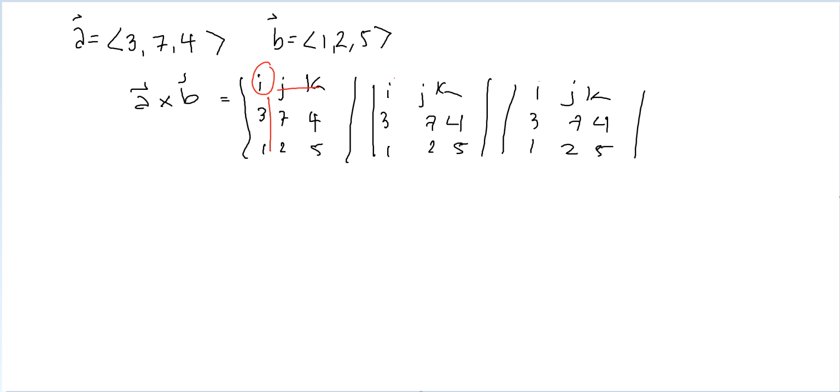Let's do our highlights. First component, first column. Second component, second column. Third component, third column.